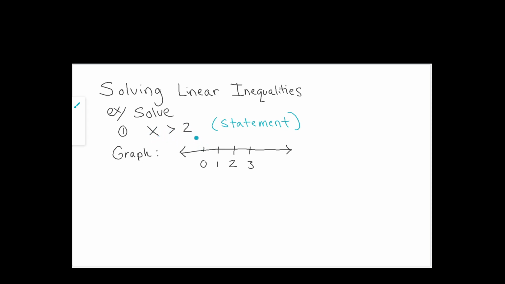Now, because that's our point of interest, can x equal 2? Is 2 greater than 2? And hopefully you're shouting no at your computer screen. It is not greater than, it's actually equal to. So when I graph this solution, I don't want to include this value, so I'm going to draw an open circle.